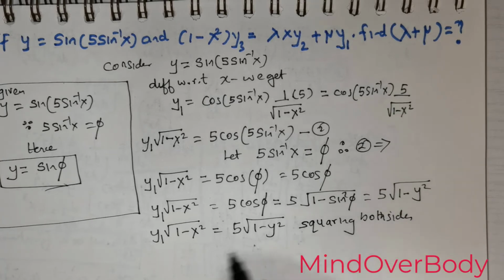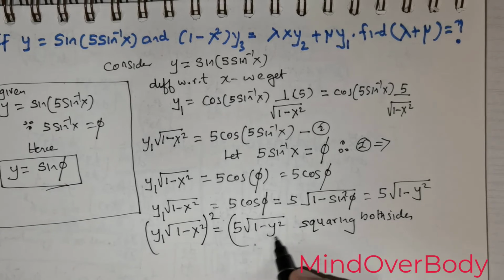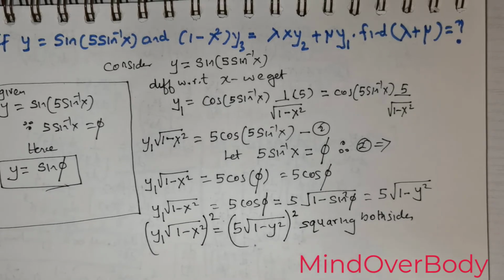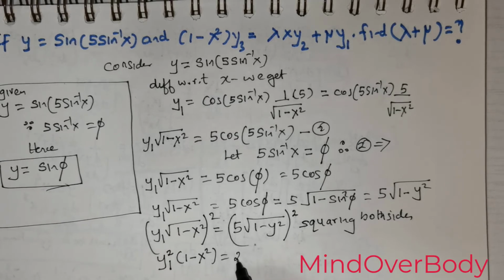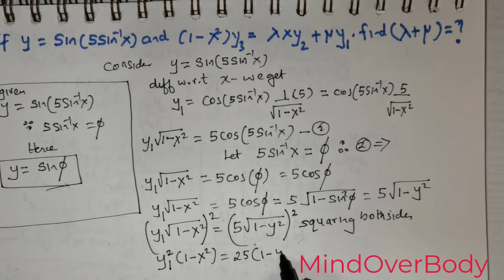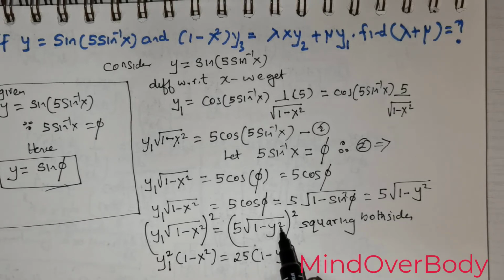So this is going to give me y₁² times (1 − x²) equal to 5² that's 25 times (1 − y²). Take some precaution when you're writing the indexes, because we are using an index and a suffix. Those two things should not be mixed up.